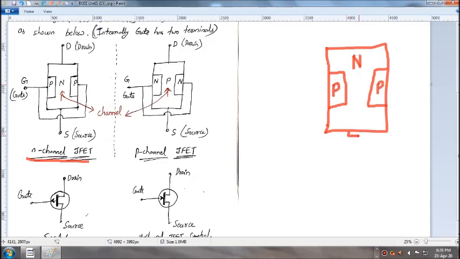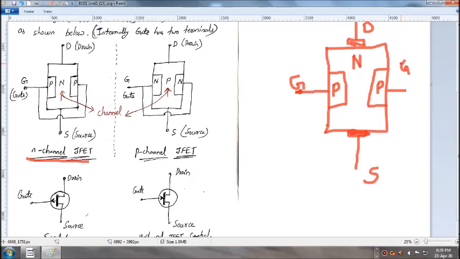On one half of the N-type impurities, I am going to connect one terminal and call it the source, and on the other half of the N-type impurities I am going to connect one more terminal and call it the drain, terminal D. And we have two more terminals, both called gate terminals.